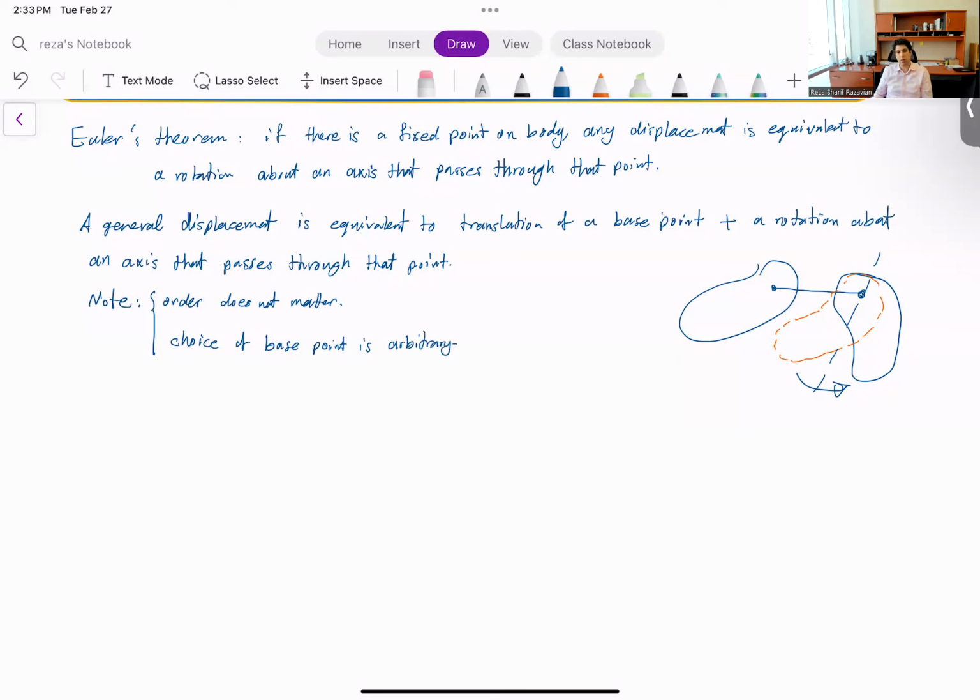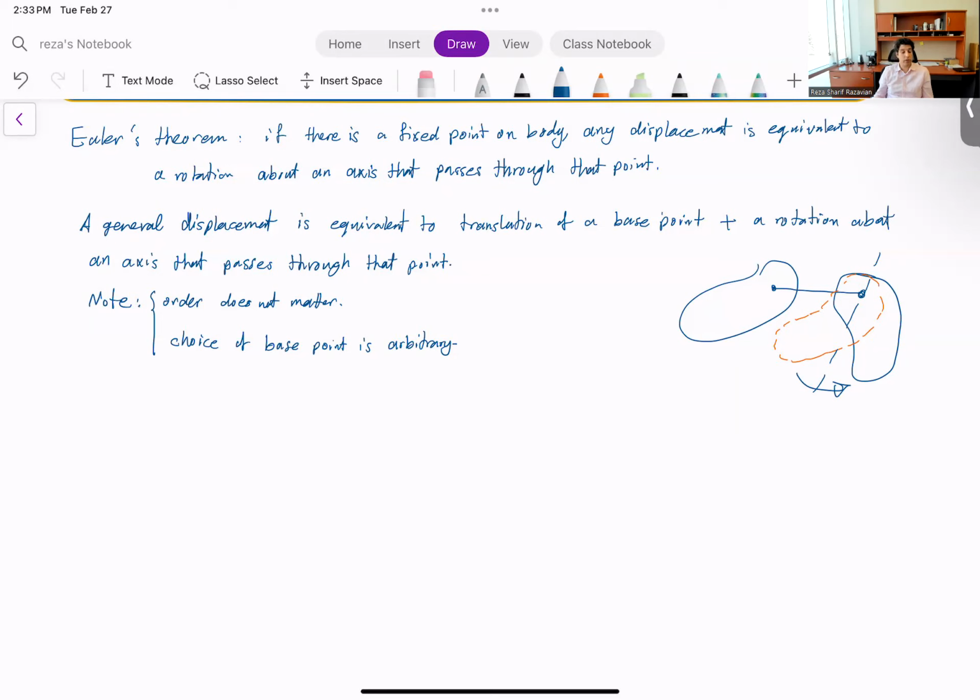So you can consider any point either on the body or on an extension part of the body somewhere else that we assume moves with the body. It defines how the rotation part that goes with it looks. But when it comes to base point, it is completely arbitrary.